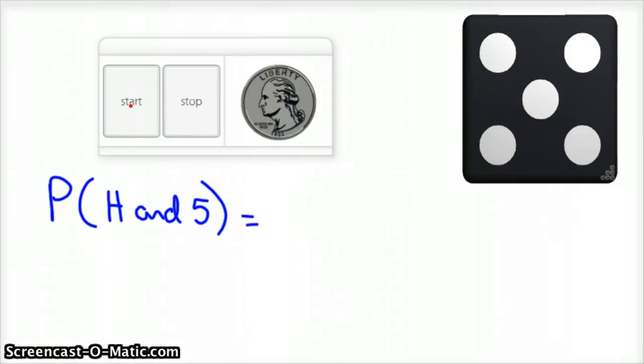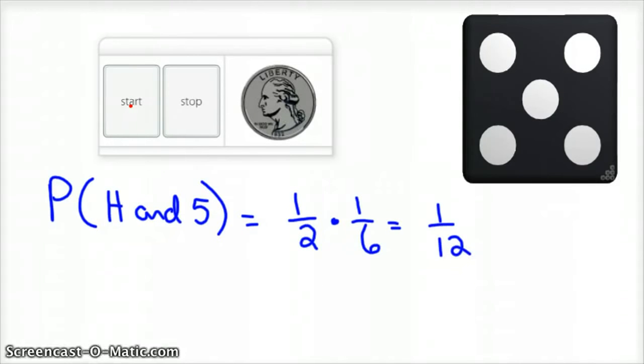The probability of flipping a coin to get a head is 1/2, and the probability of rolling a 5 on a dice is 1 out of 6 total. So your probability of both occurring at the same time when you do them both is 1/12. So it's just multiplication.